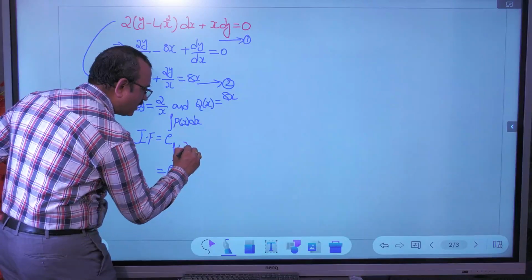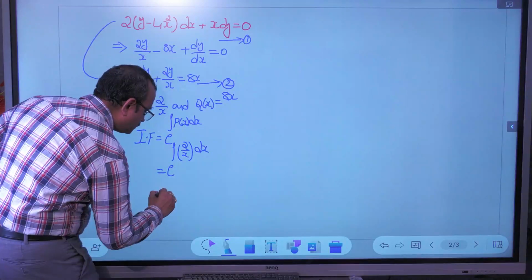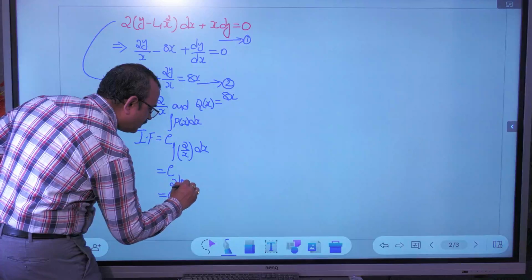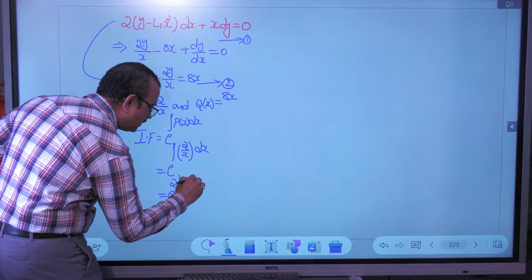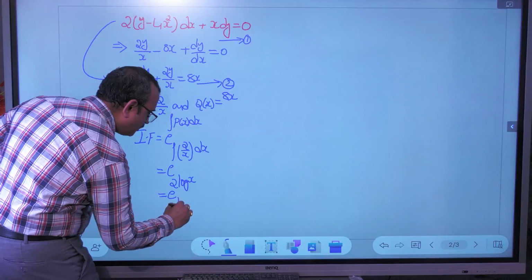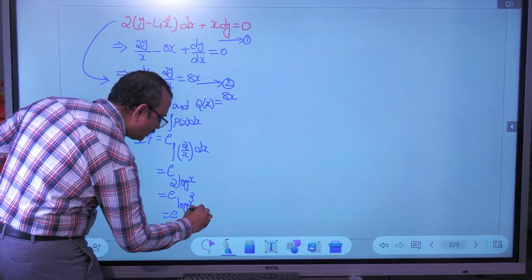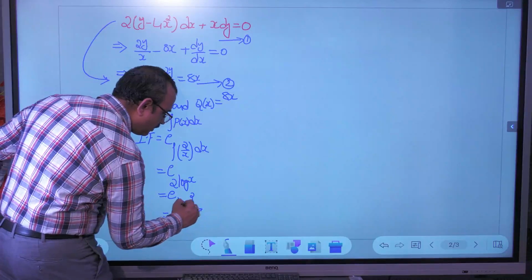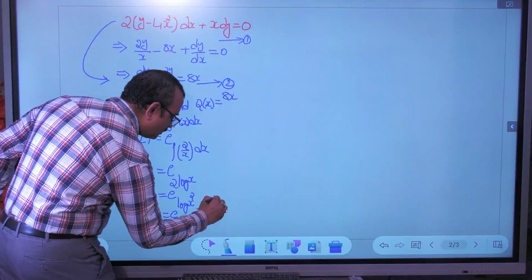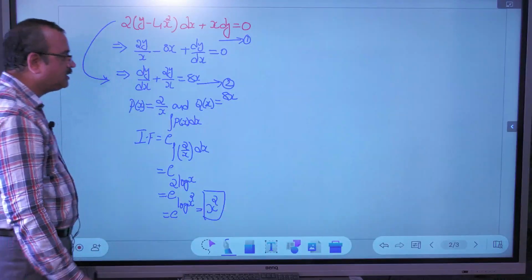Here we have 2/x. So this is e to the power 2 log x, where log is base e, which is e to the power log x², by the logarithmic formula, and e to the power log x² means x². So the integrating factor here we got as x².